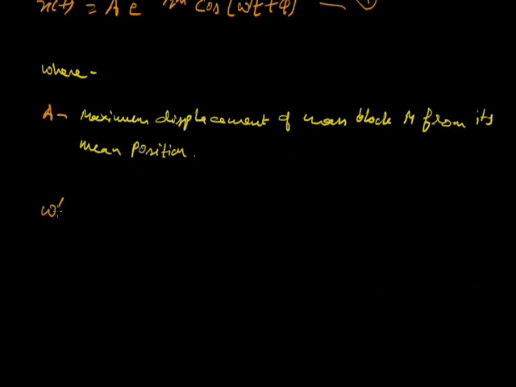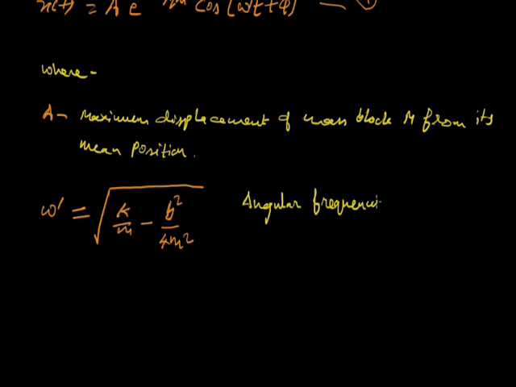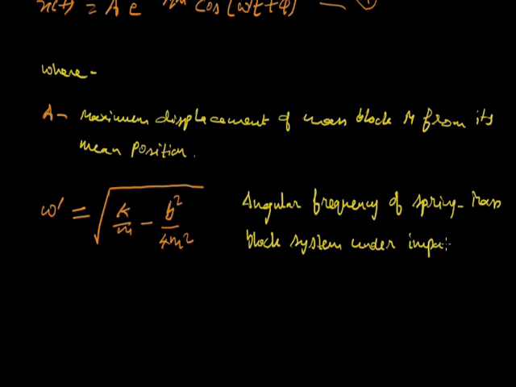and ω' equals the square root of k/m minus b²/4m², which is known as the angular frequency of a spring mass block system under the impact of damping forces.